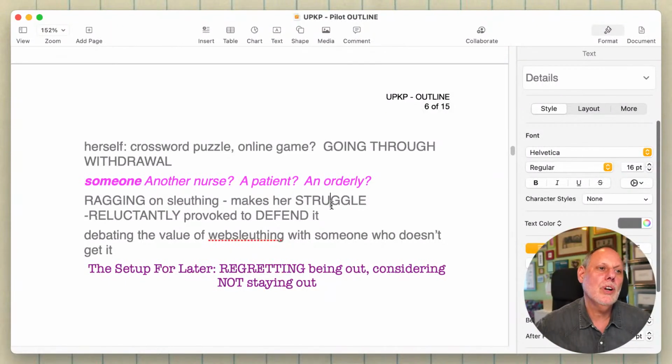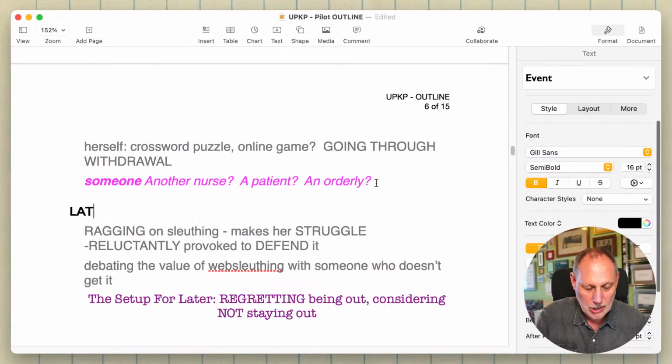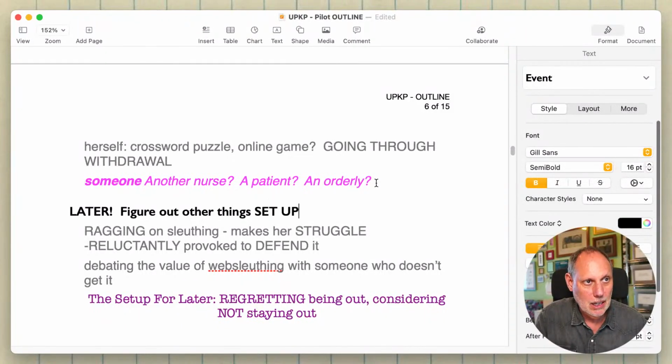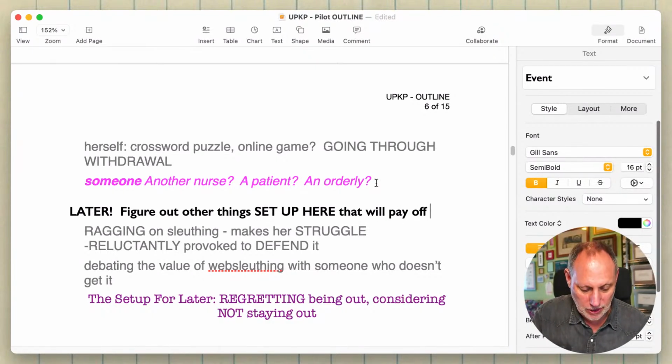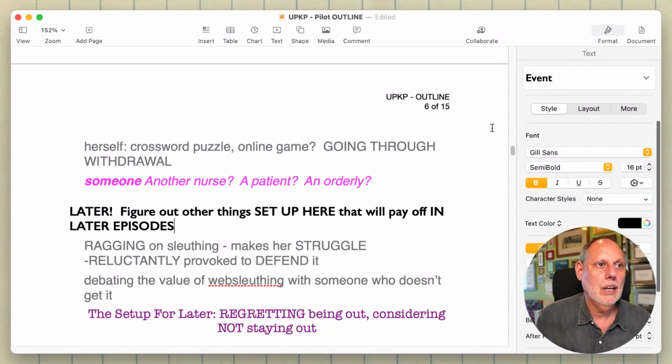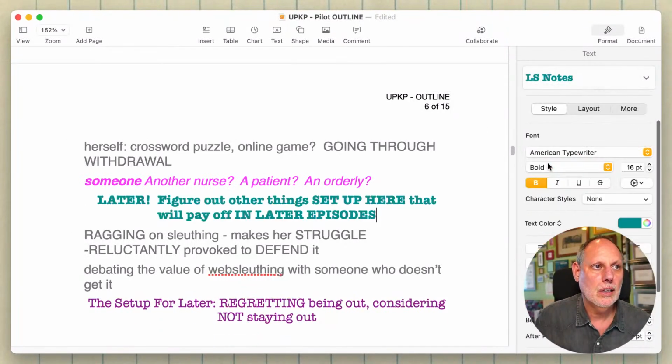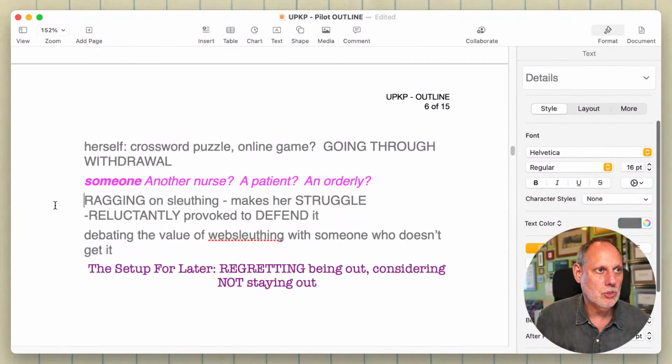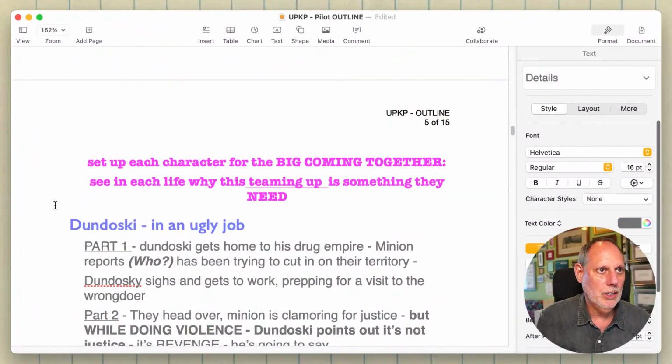The other thing we're going to try and do here is later figure out other things to set up here that will pay off in later episodes. It's going to be true for all three of them.